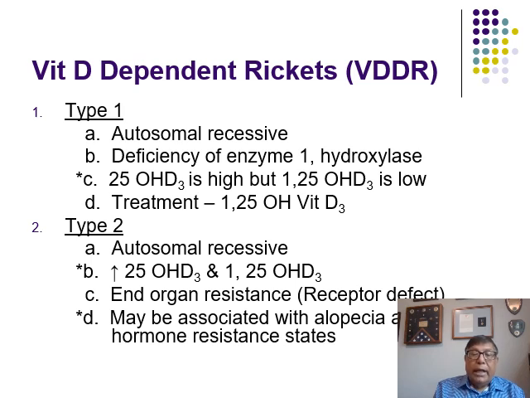Therefore, they do not convert 25-hydroxyvitamin D to 1,25-dihydroxyvitamin D. So when you do the blood test, you are going to find the 25-hydroxyvitamin D level is normal to high, but the 1,25 level is very low. That means it's not being converted.